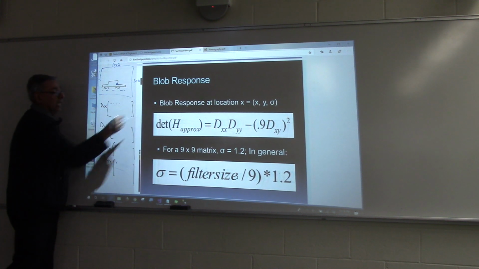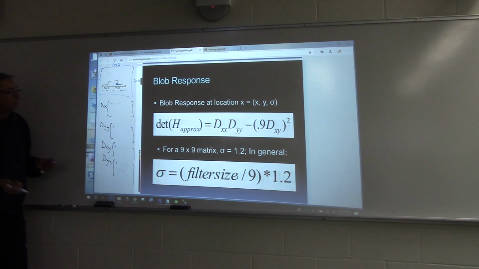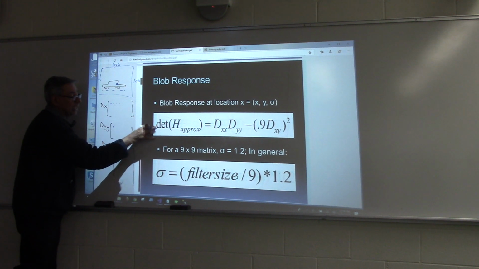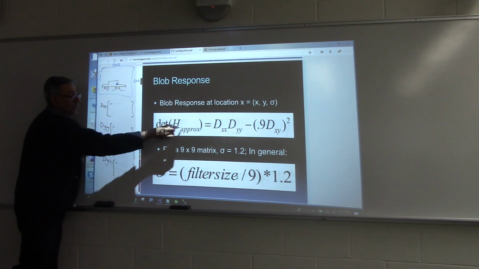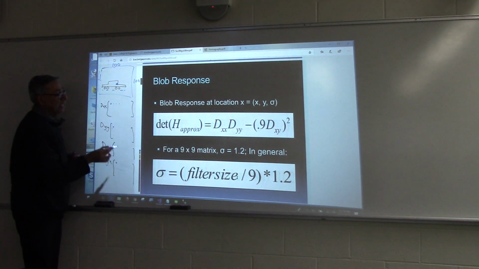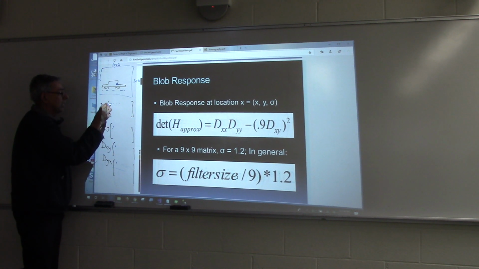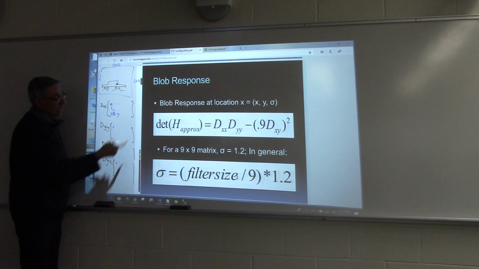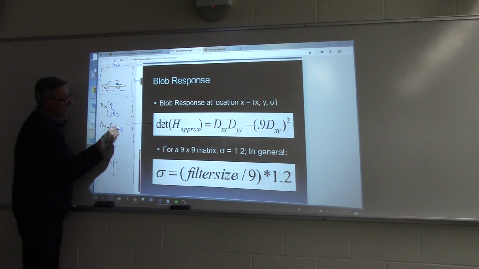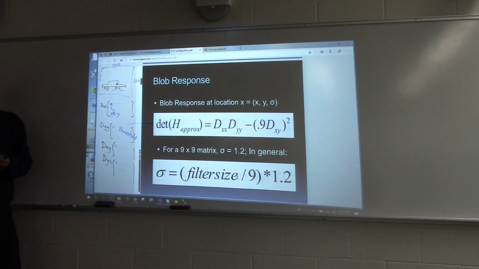Then do the determinant for this one, right? Okay, so obviously it will give us some number, like this number may be 28.7 or whatever. Now we can put a threshold on it. If it is above a certain number, that's a feature to keep. If it is below, just discard it, right?